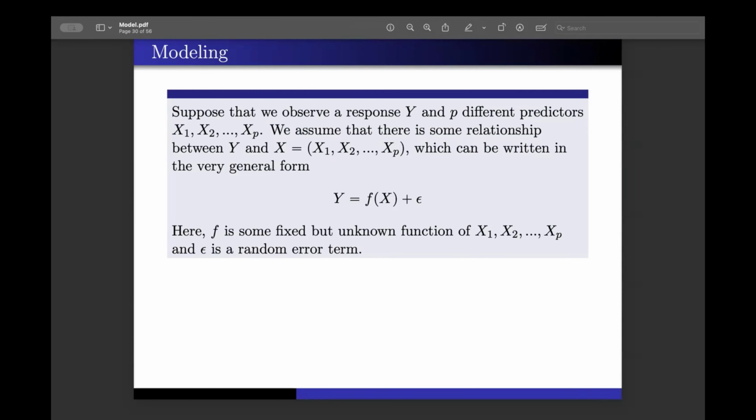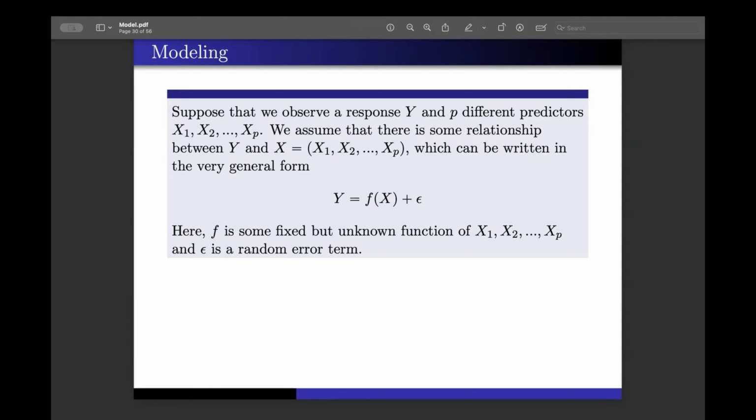Because whenever we collect the data, we would have all the information about Y, we would have all the information about X, and we would know that Y, the value of the dependent variable, is dependent on the independent variables. There exists some relationship between the independent variables and the dependent variable, but what is that relationship?